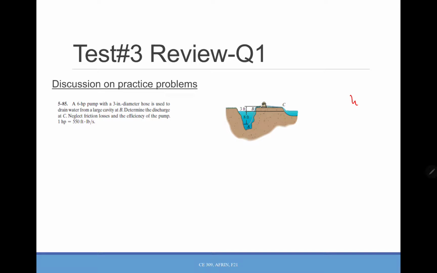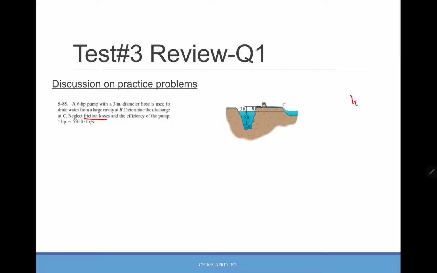Okay, so they are asking you to find the discharge at C, QC, and you have a pump here and a few surfaces, so you need to use the energy equation. But the good thing is they said to neglect friction loss, so there is no loss in the system, or it's very insignificant.